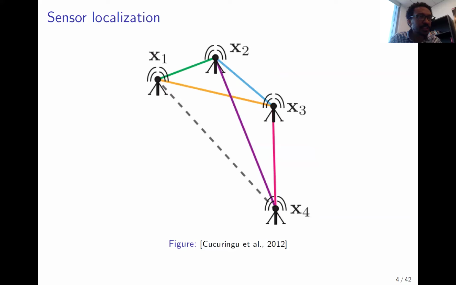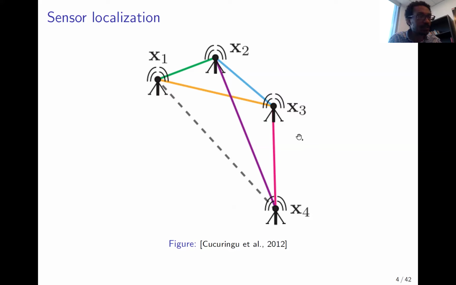Here is another motivation: the sensor localization problem. In this particular example, which is just a stylized example, we have 4 sensors located at X1, X2, X3, X4. But the information we have is that whenever the sensors communicate, we have the pairwise distance between them. So we know the distance between X1 and X2, X2 and X3, X1 and X3, and X2 and X4.